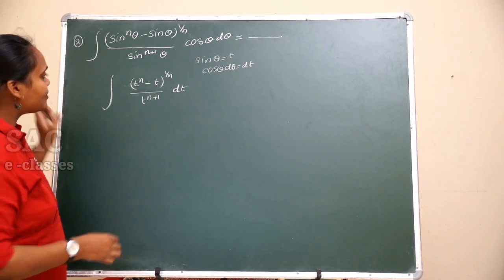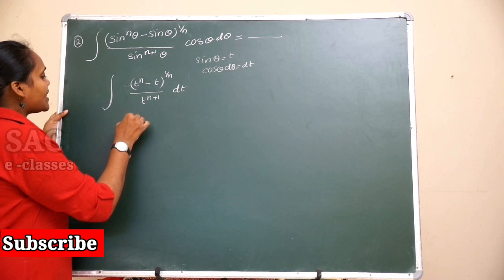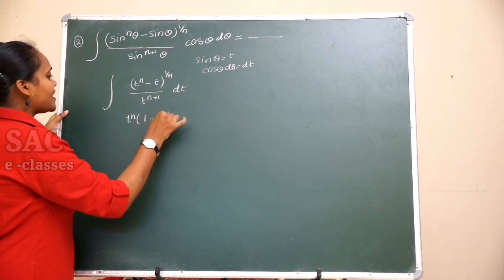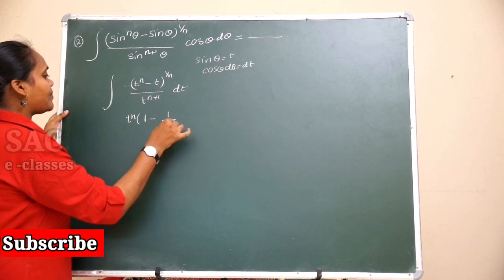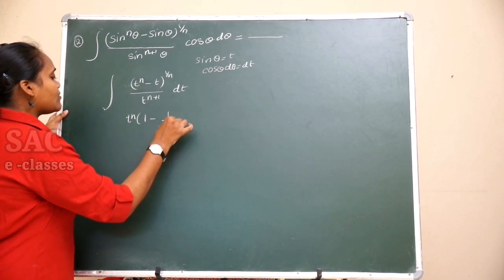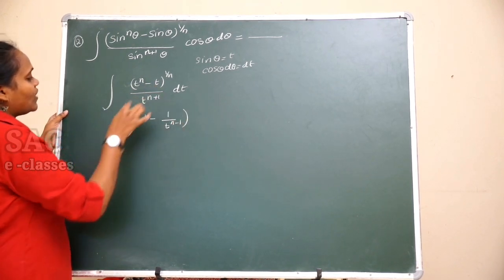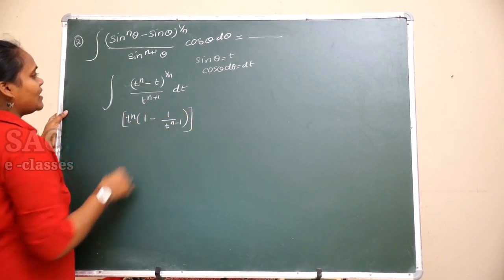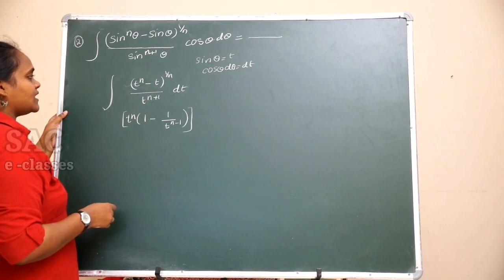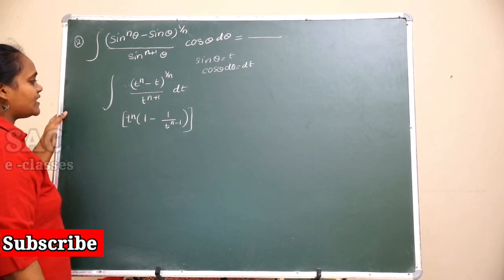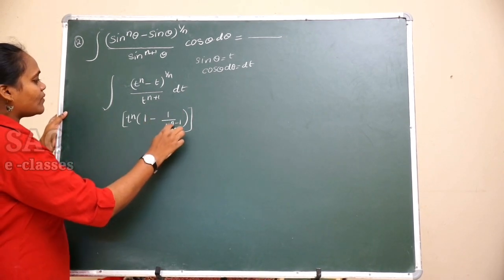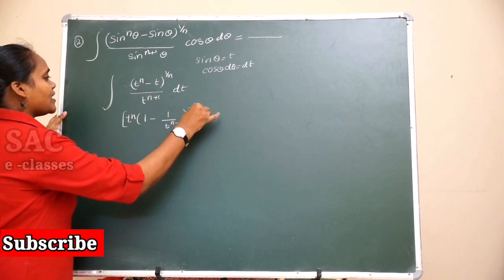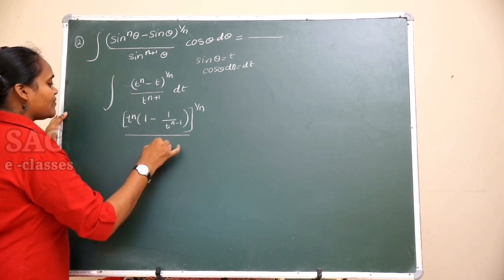Now let me take t^n out. What will be left over is 1 by t^(n−1), because already one t I have taken out, so you can write it as (1 − 1/t^(n−1))^(1/n) / t^(n+1).